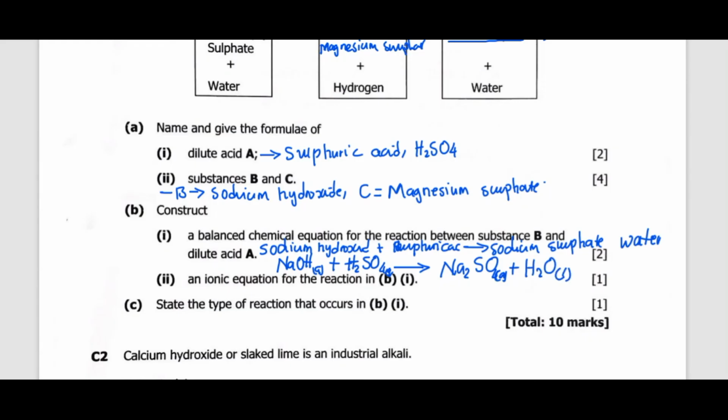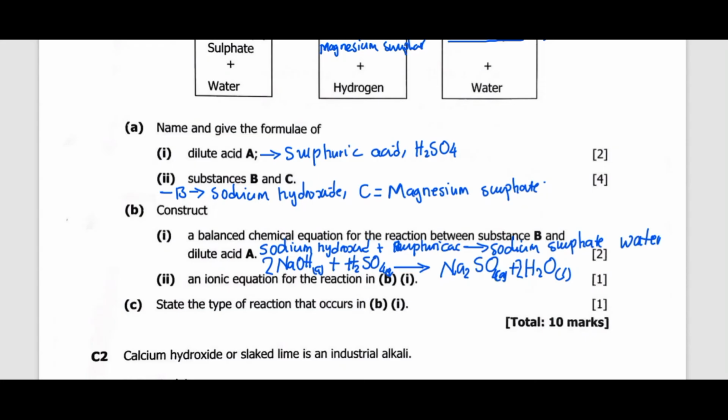So we just have to make some balance equation here. So where can we balance? We just have to put 2 here. So 2 sodium, then we have 2 oxygen from sodium hydroxide and 4, which is 6 from this acid. Even here we can see that we just need also a 2 here, so that we have a balanced chemical equation.